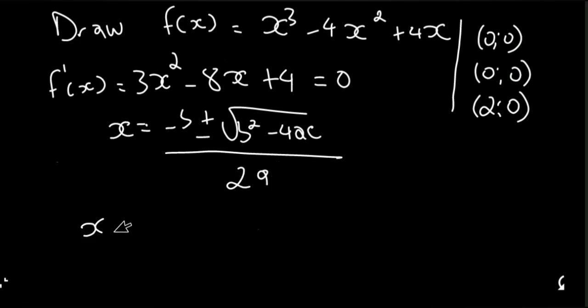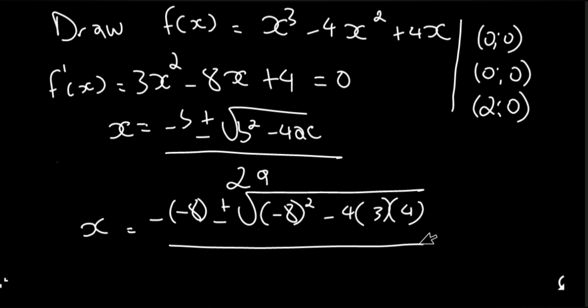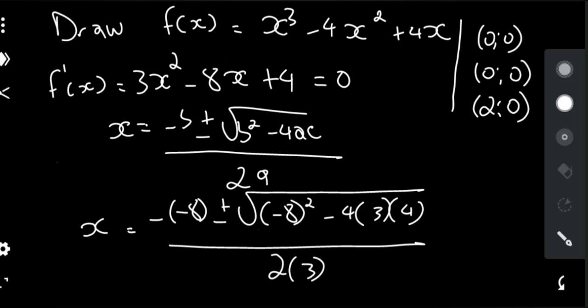So x is equal to negative b, which is negative 8, plus or minus the square root of negative 8 squared minus 4ac, where a is 3 and c is 4, all divided by 2a, and a is simply 3. Let me erase the top part so that we can get our solutions.